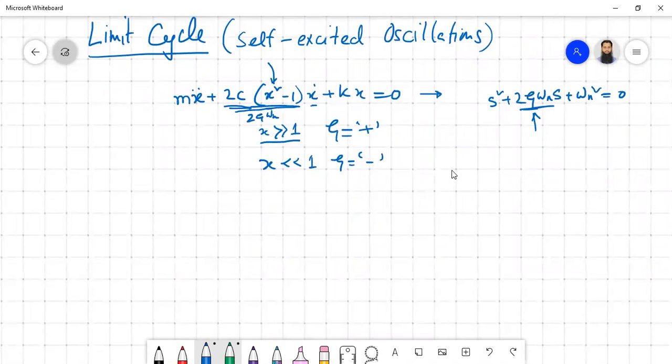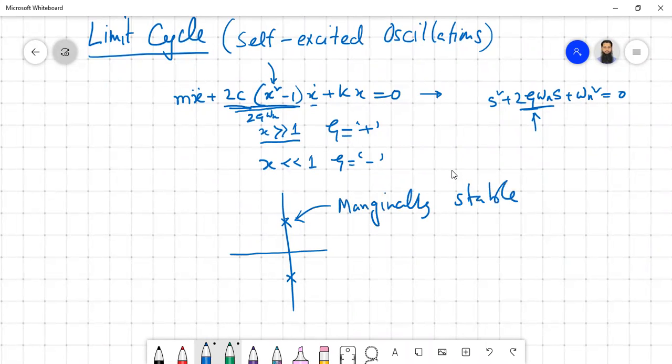If your system is marginally stable, we know from the control system engineering perspective that we have roots on the j omega axis. So the j omega axis produces a marginally stable system, or pure oscillation.